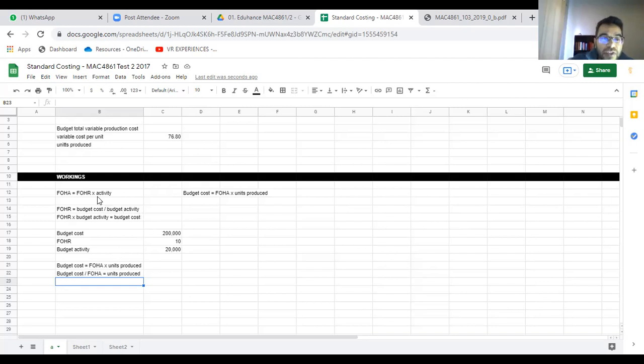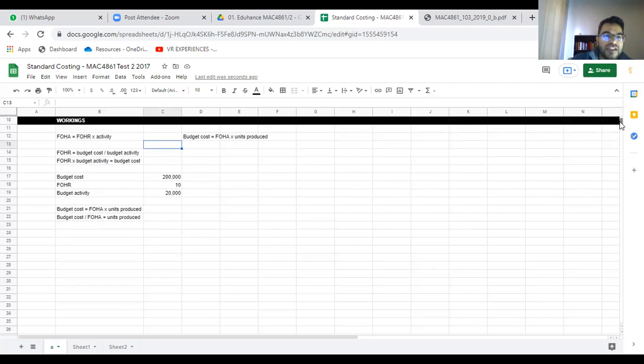This was one of the things that threw me off in my ITC exam. I wasn't too clued up on fixed overheads. Since then, I made sure I was clued up on fixed overheads. It's a little bit too late because it was after the ITC, but at least it helped when I needed to tutor. So make sure you're able to manipulate fixed overheads. You want to know that formula.